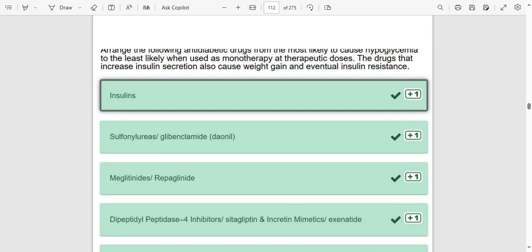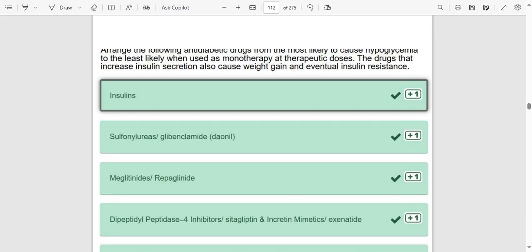Arrange from the most likely to cause hypoglycemia to the least likely when used as monotherapy. The drugs that increase insulin secretion also cause weight gain and eventual insulin resistance.